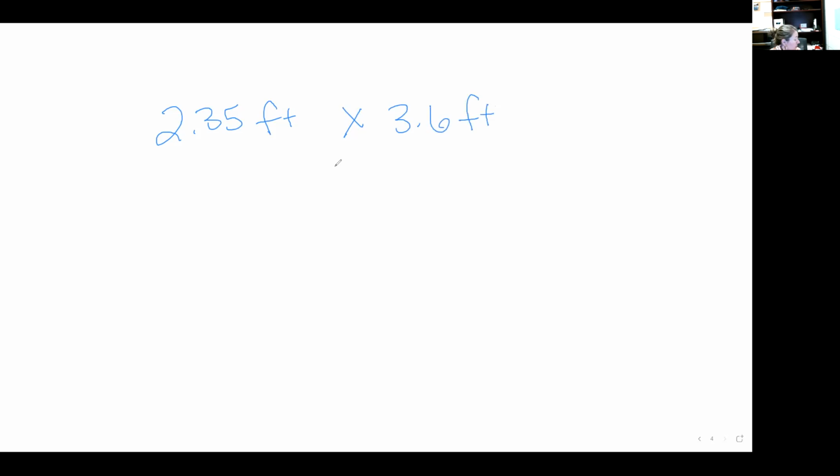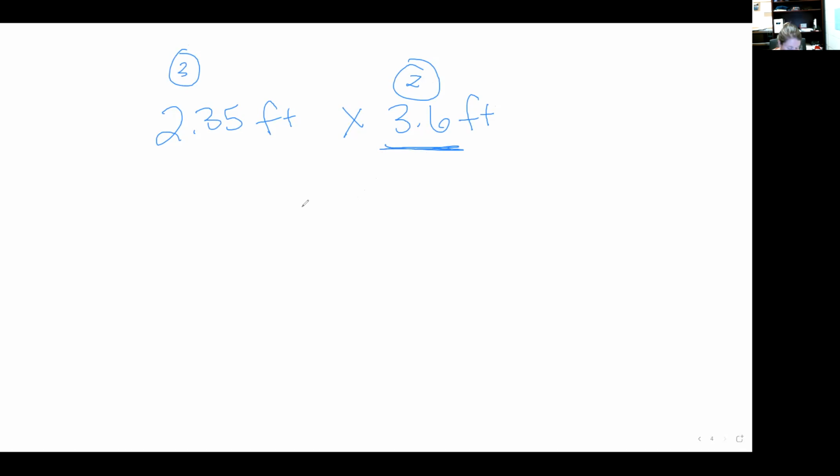Now, when you're multiplying or dividing, we're talking about the number of significant digits that is least accurate. So how many significant digits does this one have? That has 3. And how many does this one have? That one has 2. So when you round, you want the least accurate, which means the least number of significant digits, so we have to round so that it only has 2 significant digits.